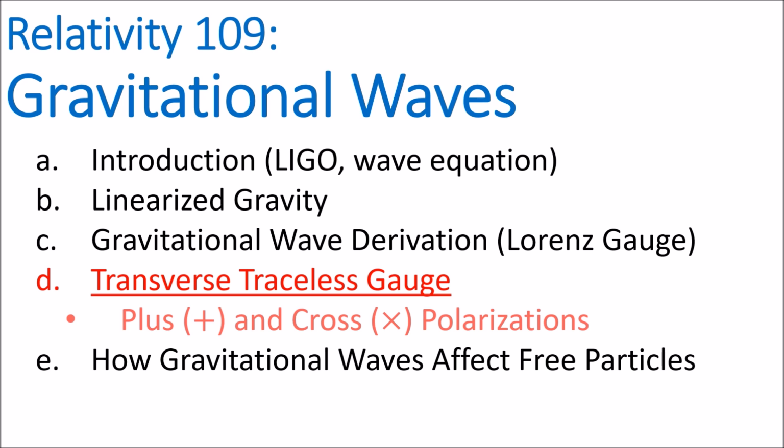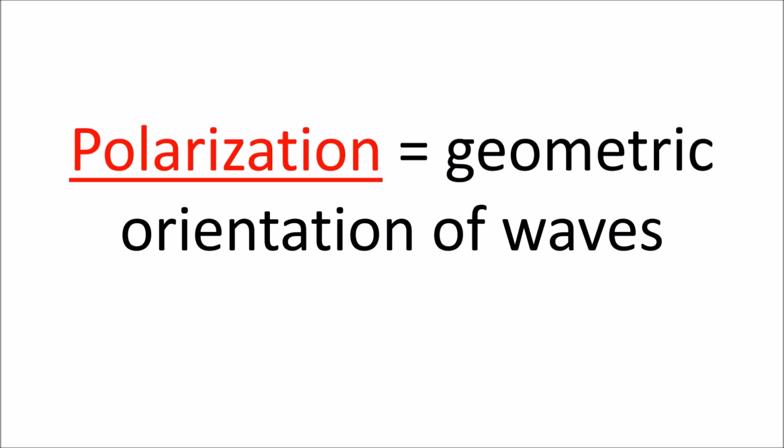In this video, we're going to use a special coordinate system called the Transverse-Traceless Gauge to show how gravitational waves have two polarizations, the plus and cross polarizations. The term polarization refers to the geometric orientation of waves.